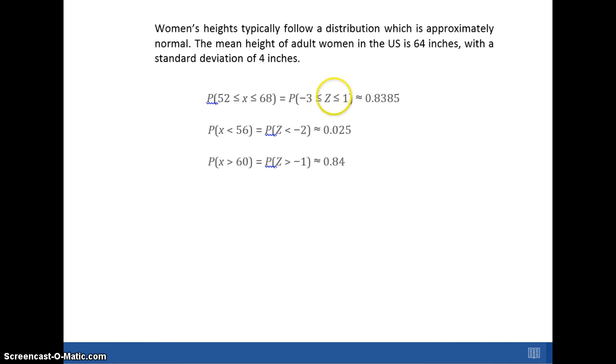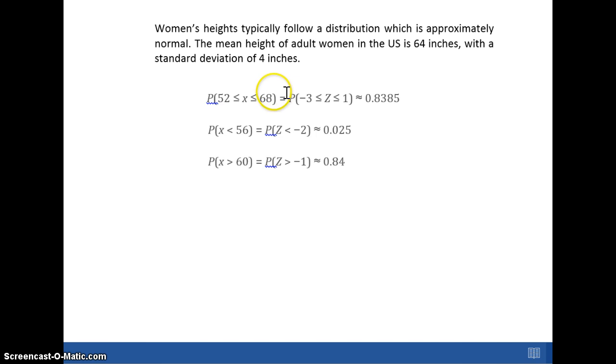We have to compute the z-values. Now for 52, how do we get a z-value? It's 52 minus the mean of 64 divided by the standard deviation of 4. That gives us a z-value of -3. Okay, and what about the z-value of 68?